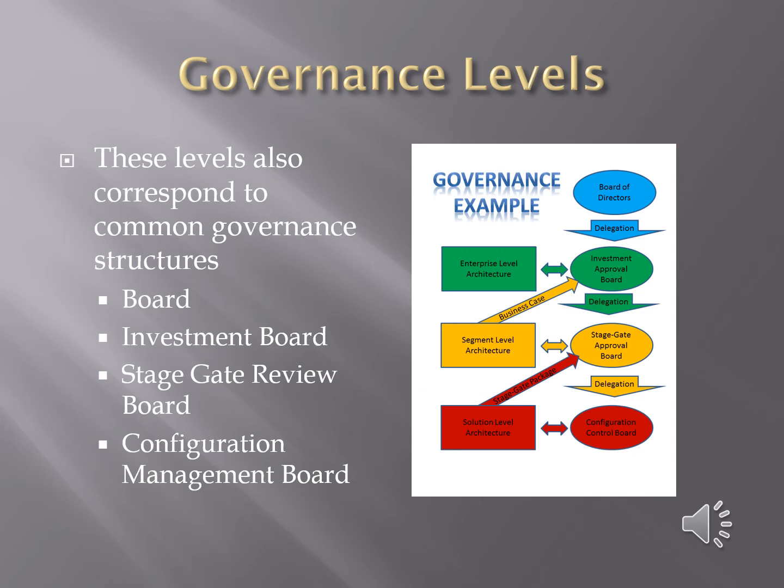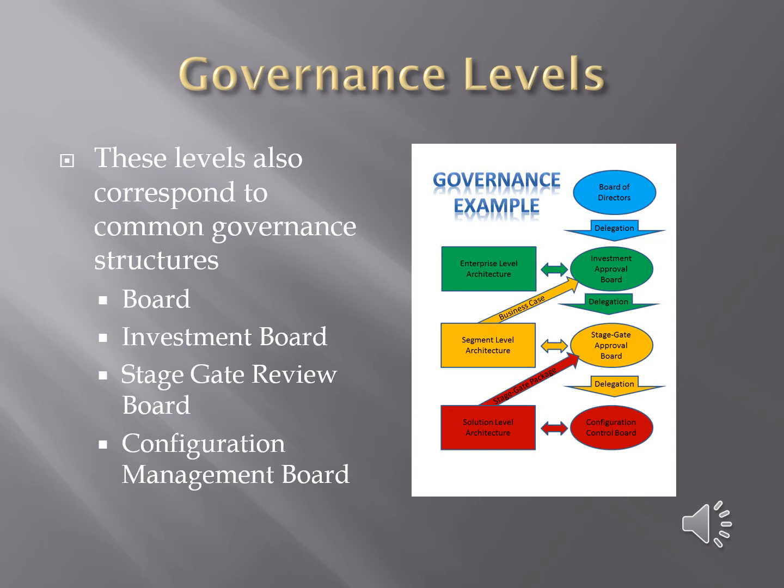Here we see that the 3 levels of architecture also correspond to levels of governance in the organization. You usually have a corporate board in blue. You have an investment review board in green, which the enterprise architecture corresponds to, that committee producing guidance on which decisions to make.